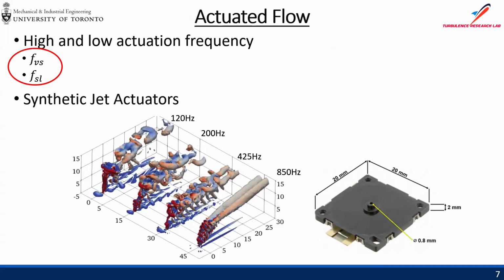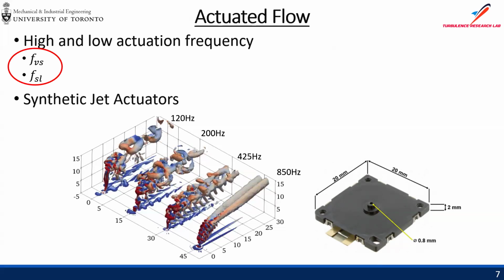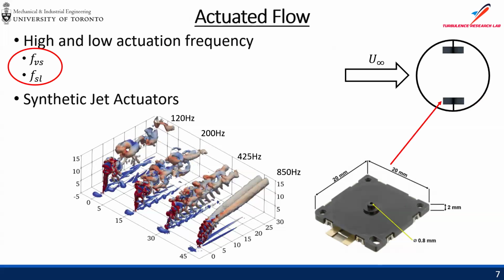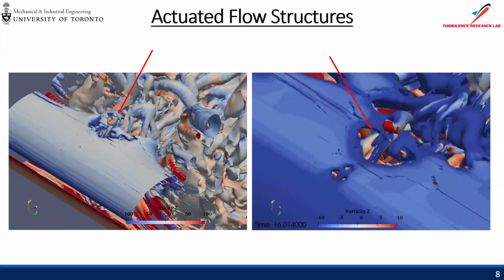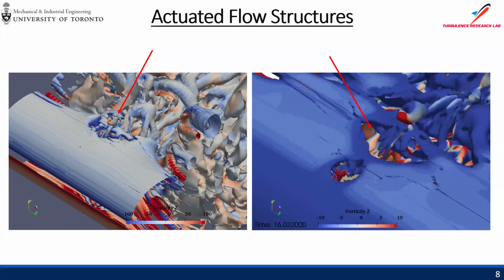There are certain structures that are more beneficial for flow control. For now we put just two, one on top, one on bottom. This is like a cross section of the symmetry or the midspan. And this is how it looks during the simulation.